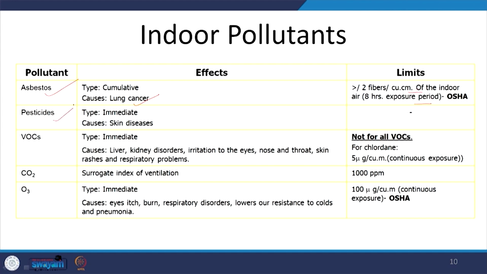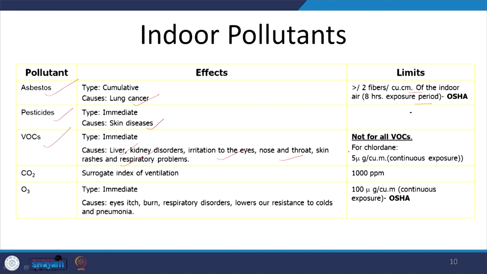We have pesticides, which may cause skin diseases. There are different types of pesticides which ideally should not be present. Then we have VOCs, which have multiple effects. They affect the liver and kidney, and cause irritation to eyes, nose and throat problems, skin rashes and respiratory problems. For each type of VOC, different limits are prescribed.